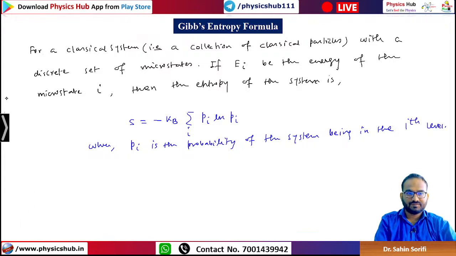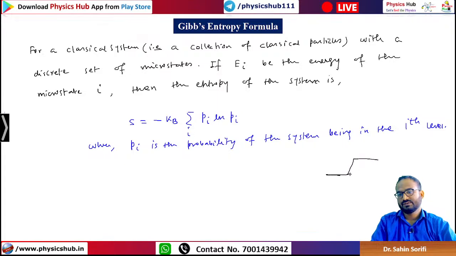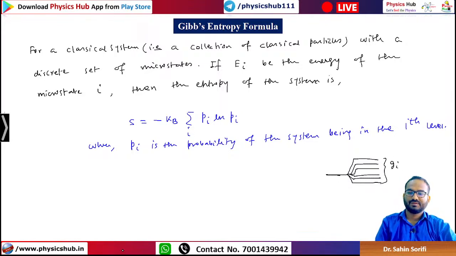Now you see, if a particular energy level has different microstates corresponding to a single energy, and there are gi number of microstates, that is the degeneracy, then how will this formula get modified?